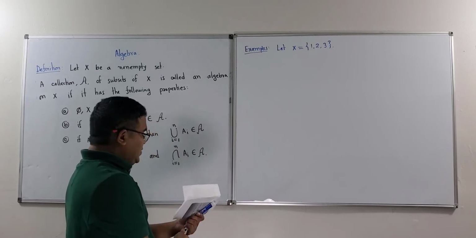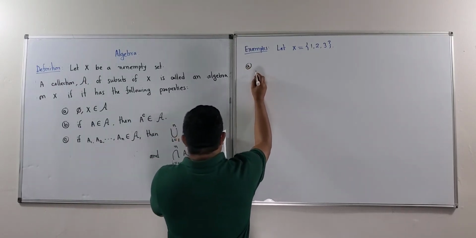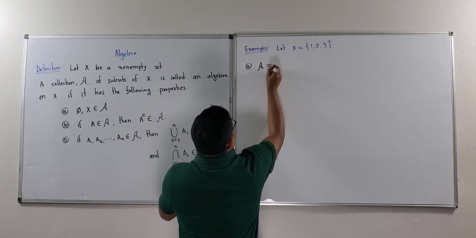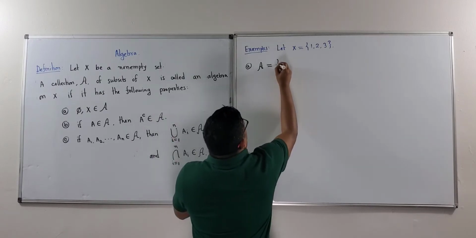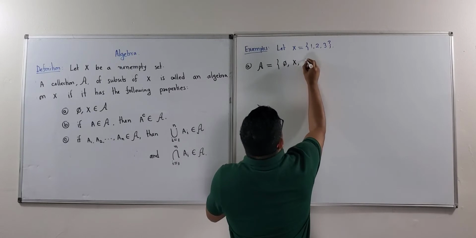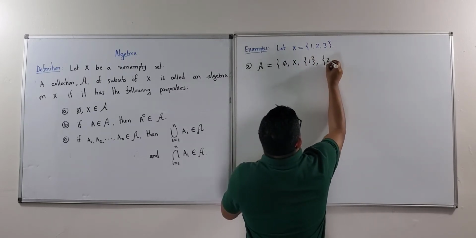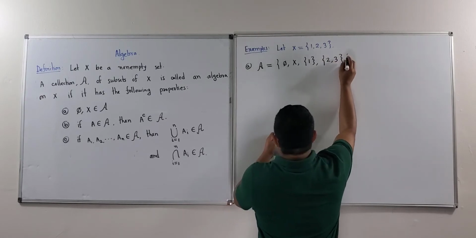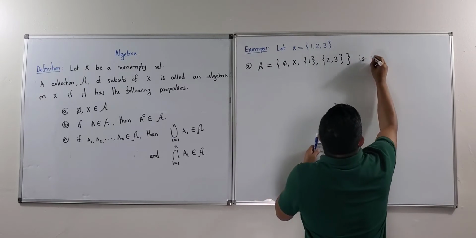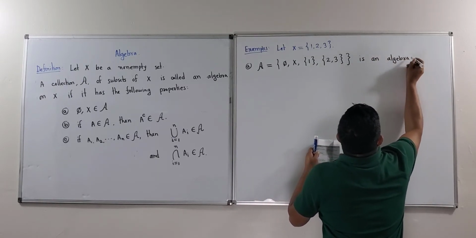Now if we consider A, that algebra, this collection equals the empty set, X, {1}, and {2, 3}, then this is an algebra on X.